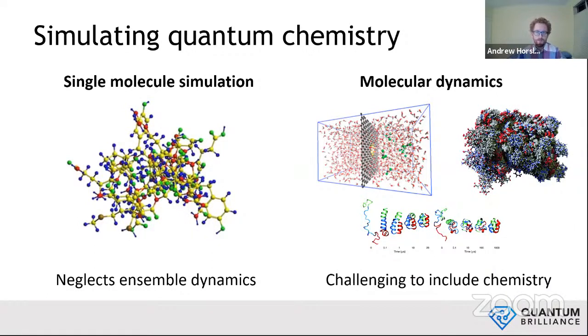These are classes of problems where we then need to turn to molecular dynamics, which is the other kind of big subset of chemistry simulations, dividing this at a very high level. So these are all applications that feed into drug discovery, into efficient industrial chemistry processes, into battery storage.